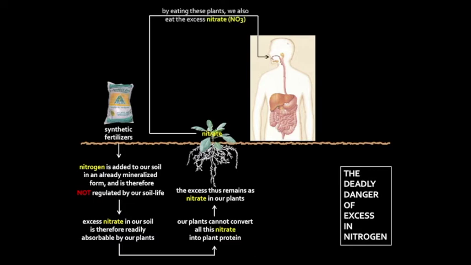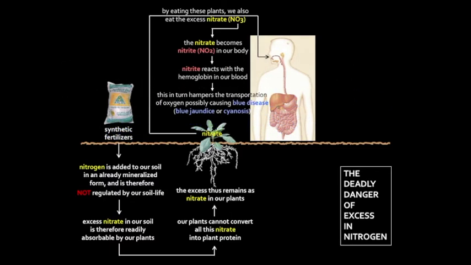When we eat these plants, we also eat the excess nitrate. The nitrate becomes nitrite in our body. Nitrite reacts with the hemoglobin in our blood. This in turn hampers the transportation of oxygen, possibly causing blue disease.